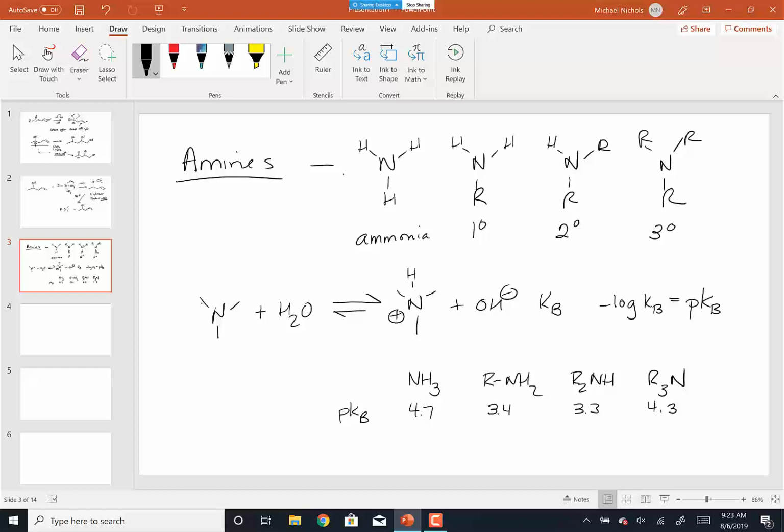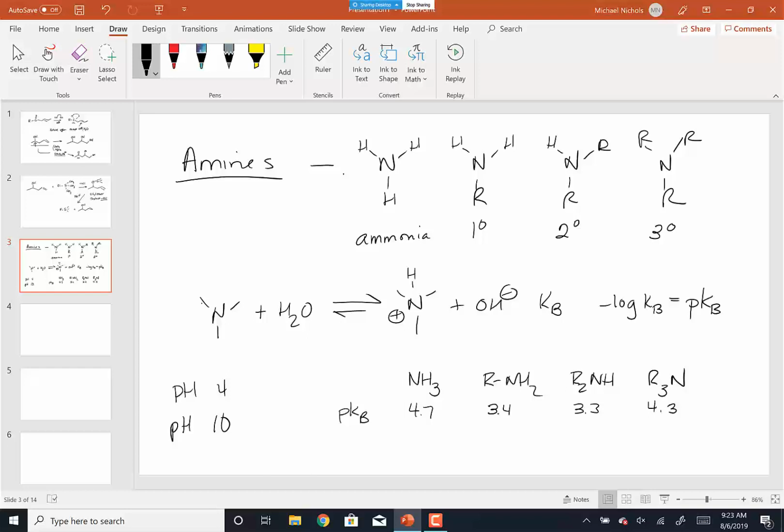The way I remember pKb's is that pKb, pKa is like pH. If I said I have a solution of pH of 4 and pH of 10, which one is more acidic? You would say the solution with pH of 4. So the lower the number, the stronger the acid.